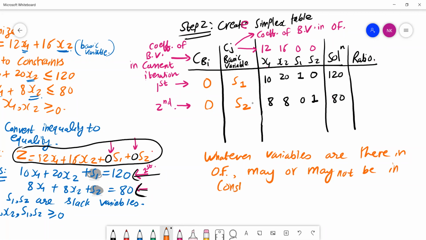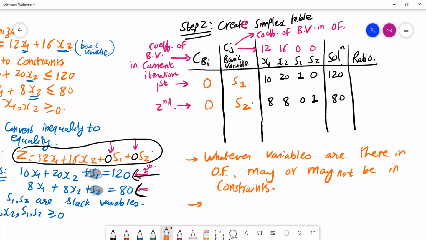That means whatever variables you are considering in the objective function doesn't mean that all of them will have constraints. There can be certain variables which are constraint free, free to move anywhere. You are not required to constrain all the variables.